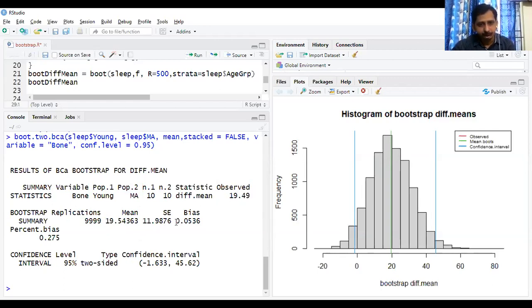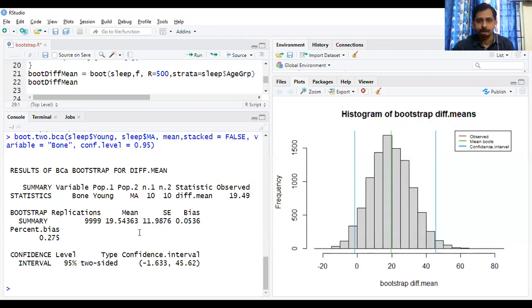And see the bias, it is 0.05, very small, very minimum bias. So we can claim that the estimate is a precise, accurate, unbiased one. And then the confidence interval for the mean difference.